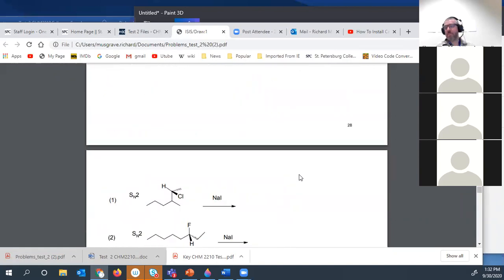Is this in like a practice test, like study guide file? It's the problems test 2 file in the test 2 folder. Okay, thank you. If you have the blue book, it's that. Some people have the blue book, some people don't. If you don't have it, then you can just download the file from here.